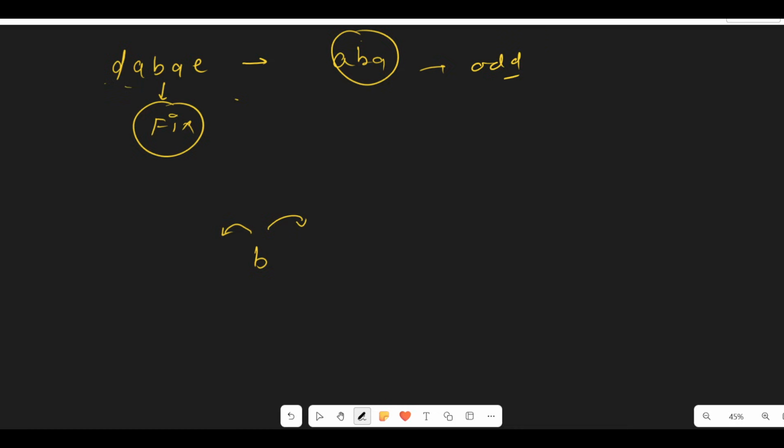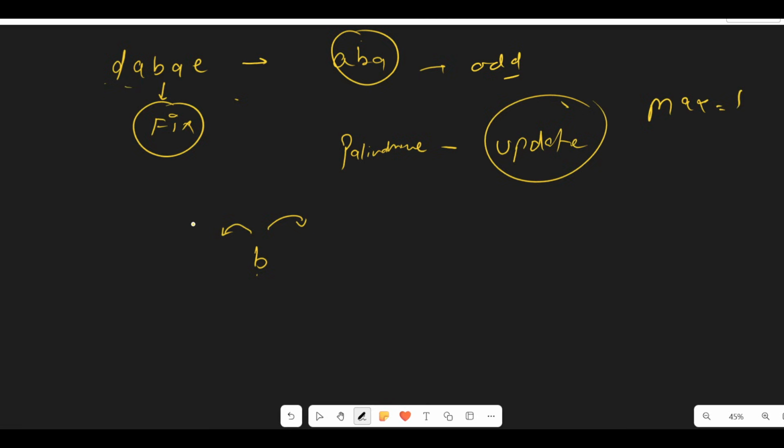If they are both the same, then the string is a palindrome, and we will update the length. If we are fixing B, the maximum length of the palindromic string is 1. Now we will check, at the left there is A, at the right there is A, so both are the same.